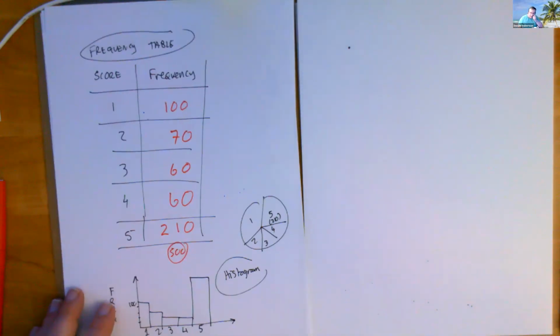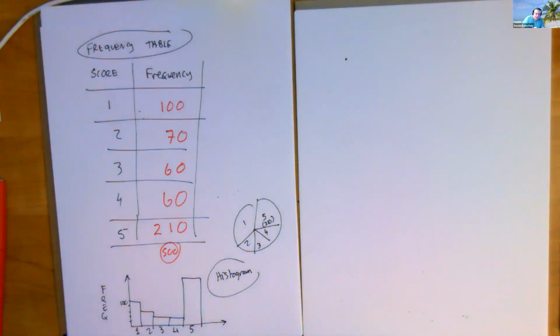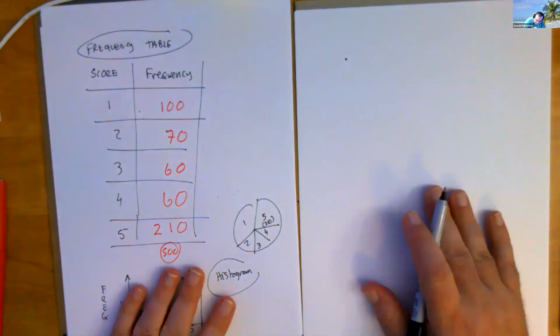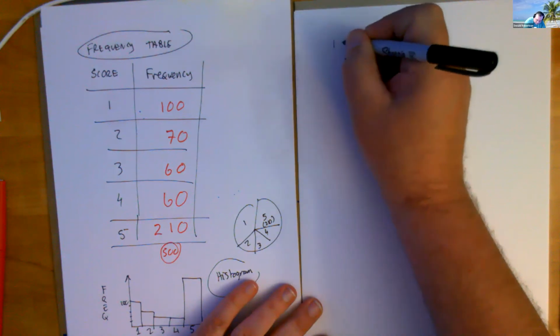Now let's look at another way of summarizing your data. Imagine that you have a whole load of data and it's to do with people's ages.